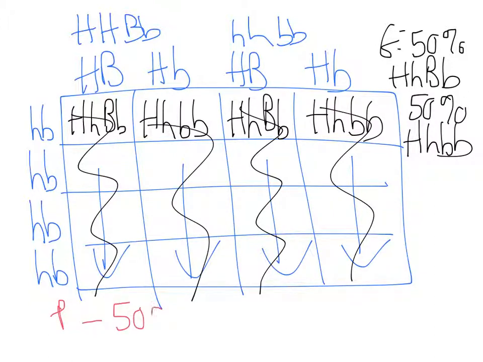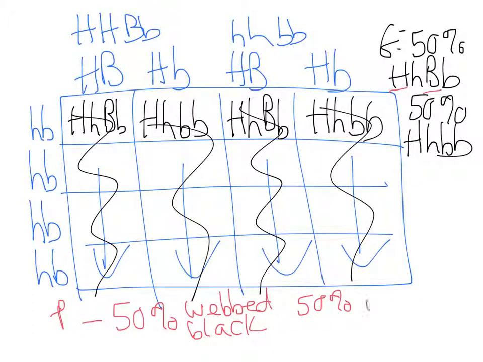What does the big H represent? Big H represents webbed, and the big B represents black nose, and then my other reindeers are 50% webbed, but they have a red nose.